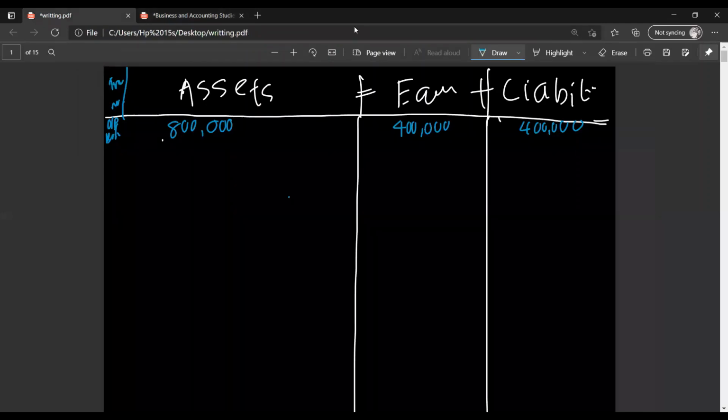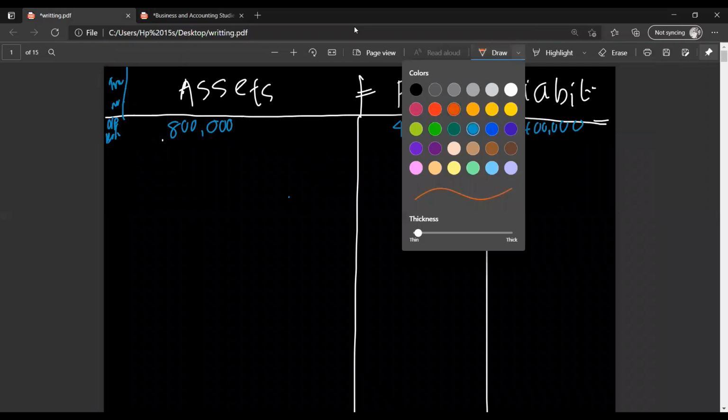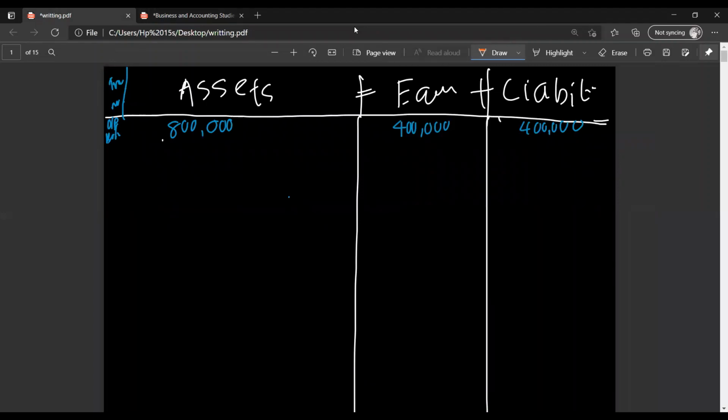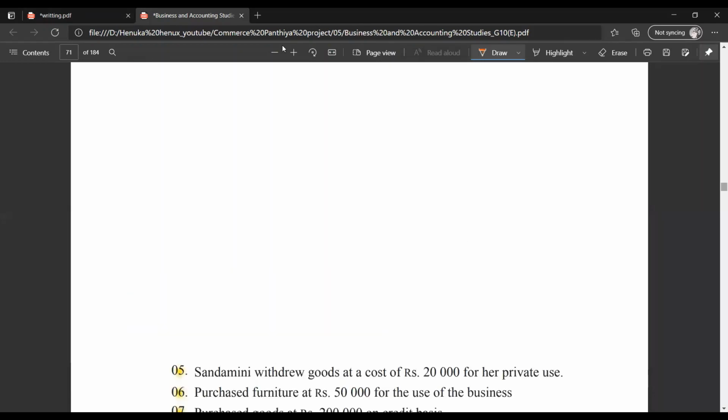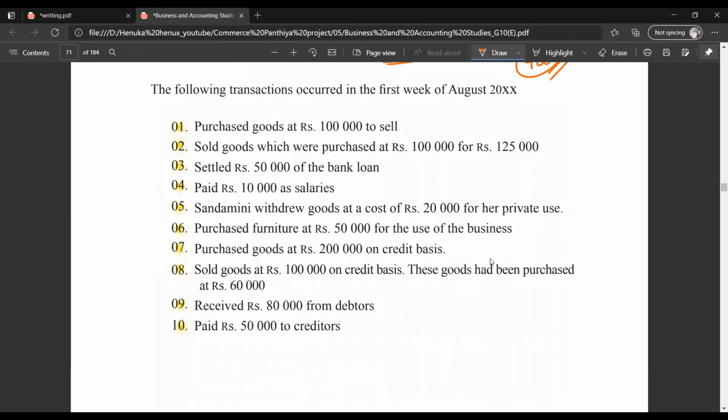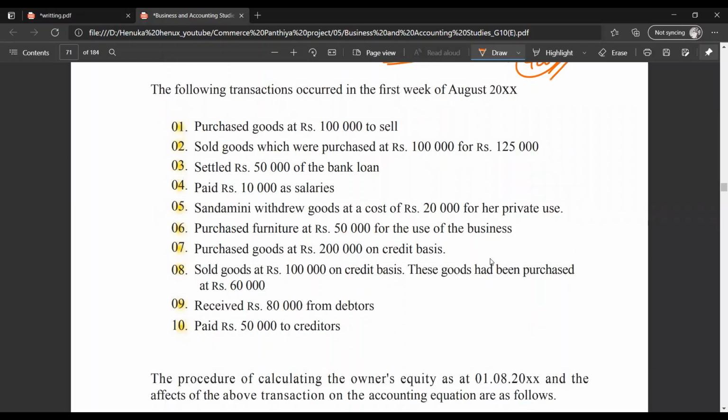Let's look at transaction number 1. What is that? Purchase goods at 100,000 to sell. This is not manufacturing, it is a business that sells goods.